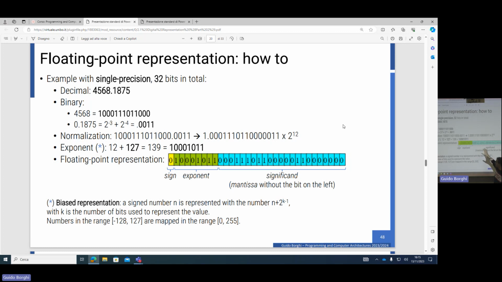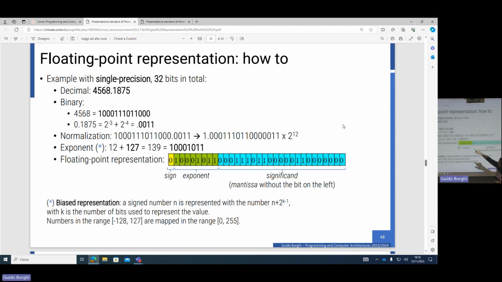In this exercise, you can see how it's possible to represent numbers with decimal points, in which we put the decimal point in a floating position, not in a fixed position like in the fixed point representation. For example, here you can see how to represent that decimal number, 4,500 and so on.